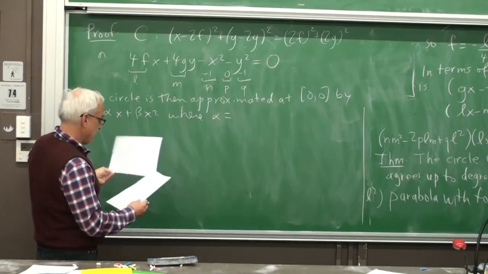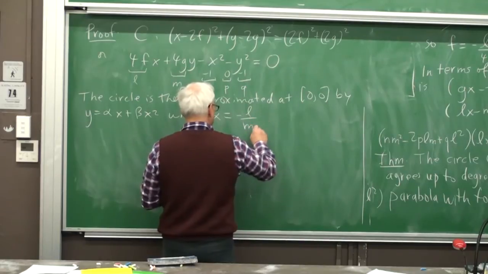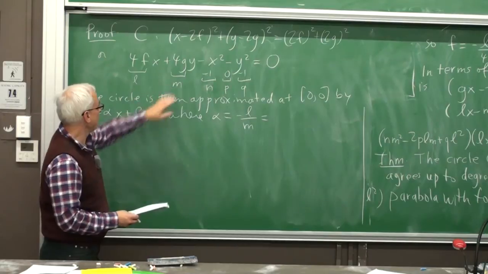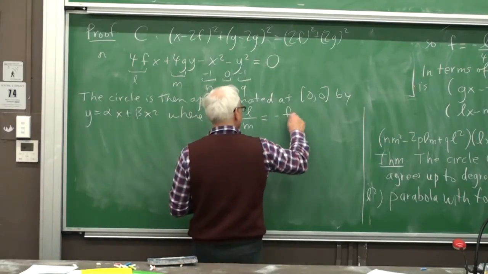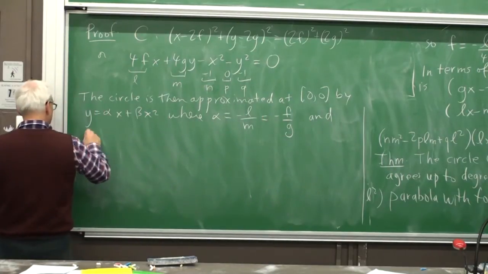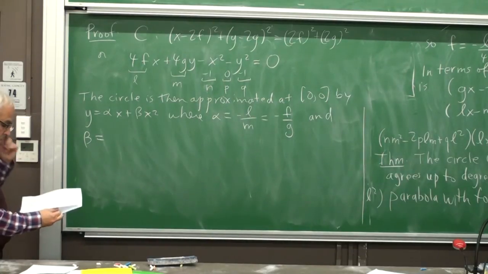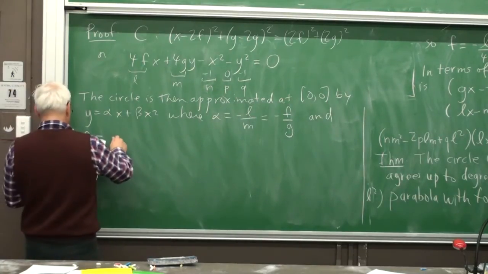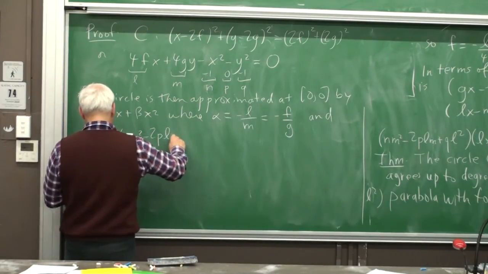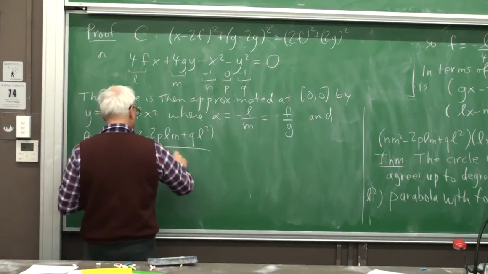Okay, so I'll remind you that the values were, alpha was minus L over M, so that's going to be minus this over this, that's just going to be minus f over g. And the beta expression was minus (Nm squared minus 2PLM plus QL squared) all over M cubed.